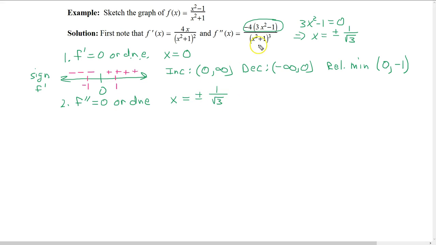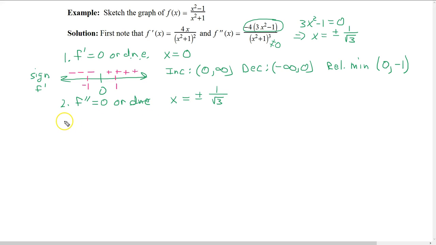And where does the second derivative not exist? Well, the second derivative exists everywhere because the denominator is never equal to 0. Right? X squared plus 1, that is never equal to 0. So we don't have to worry about dividing by 0. So the second derivative exists everywhere. So this is not coming into play.